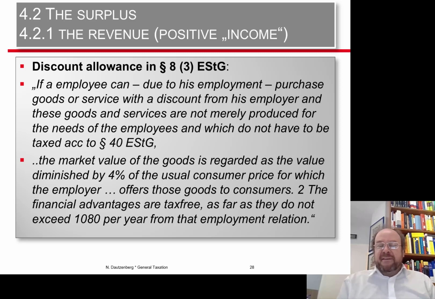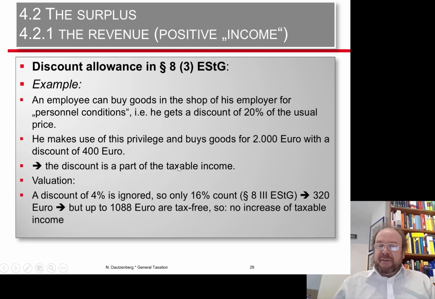At the moment, that's 1,080 euro. Originally, it was 2,000 marks. And only the remaining amount is then taxable. That is a nice opportunity to give people a nice complicated calculation.